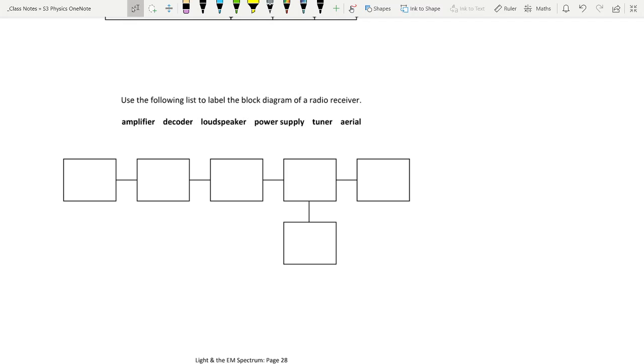Okay, so you have a tuner, which is the sort of thing that receives the signal after it's coming through the aerial. You also have a power supply, which is the thing that obviously provides power to the radio. And you have the aerial, which actually receives the signal and then sends it to the tuner.